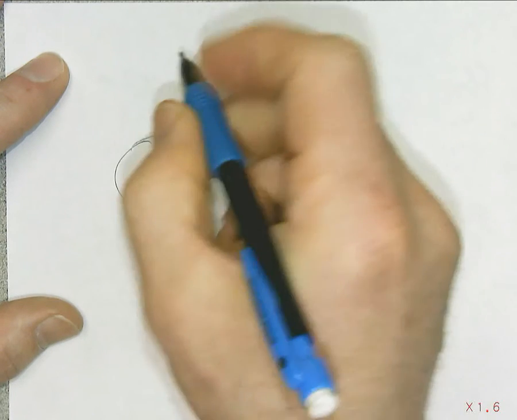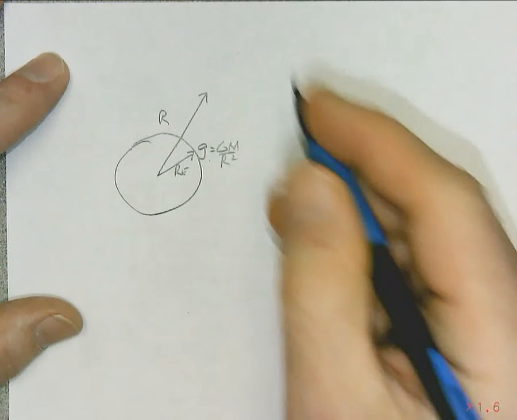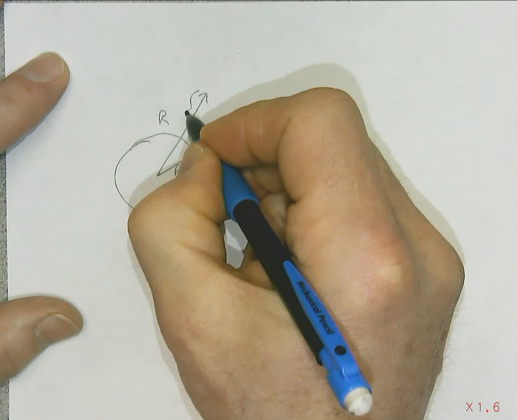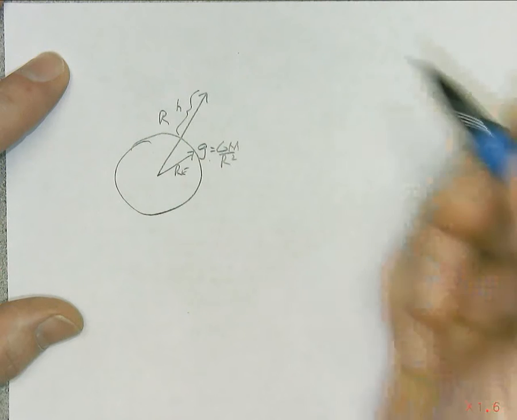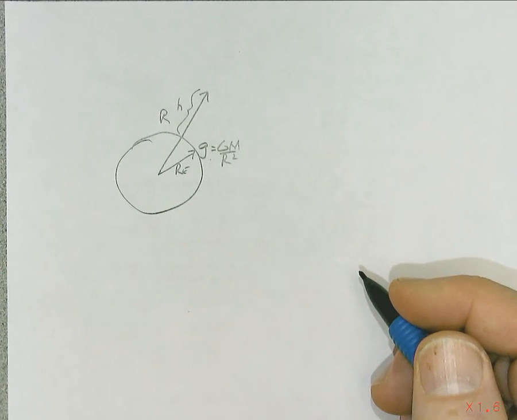Each one of your examples is asking for the G field here to be a particular fraction of the G field at the surface. So this one here I should say is R Earth, the radius of the Earth.